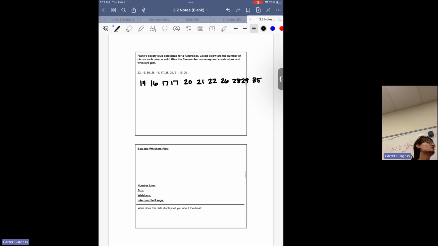And so what do I have to do to figure out the median? Well, the median would be figure out the one that's in the middle. So just crossing off until we get to the center. This one, because we have an odd number of points, actually does have a true center. And so the median here is going to be 21.